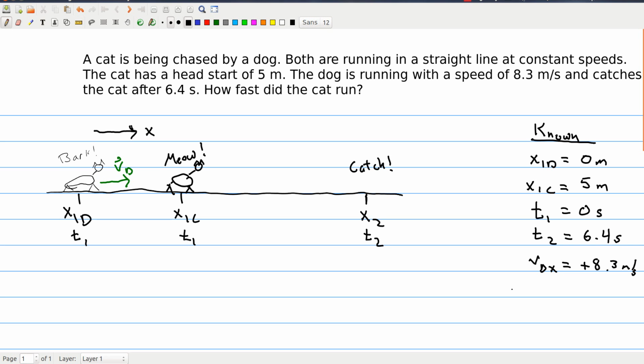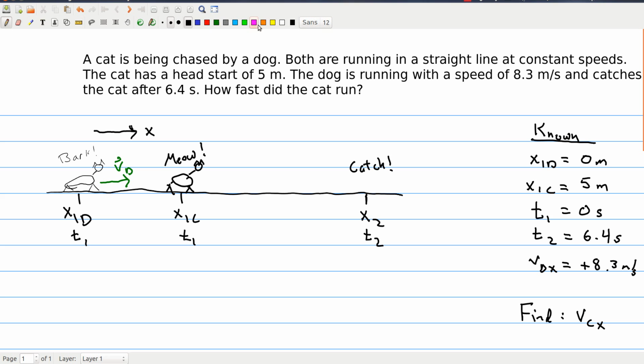It's pointing in the plus x direction. And we're trying to find how fast the cat ran, so we can find the x component of the cat's velocity. That's what we want to find.